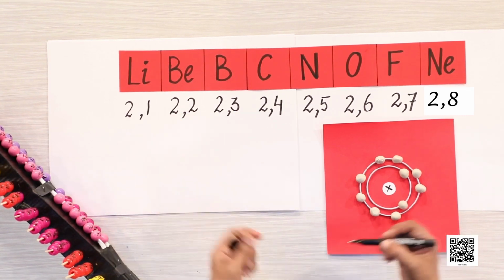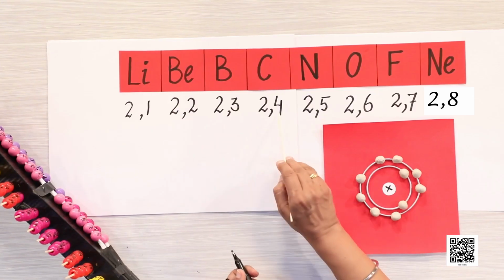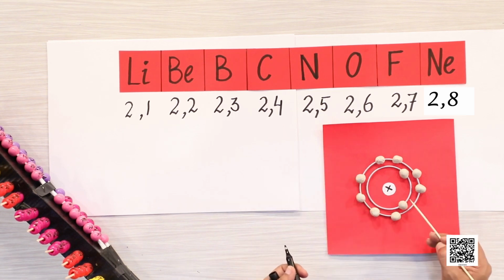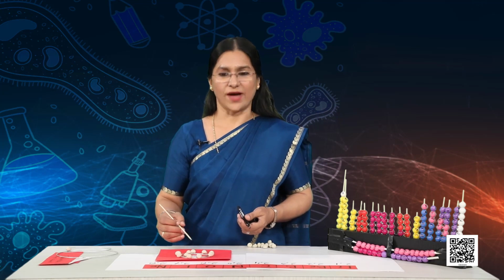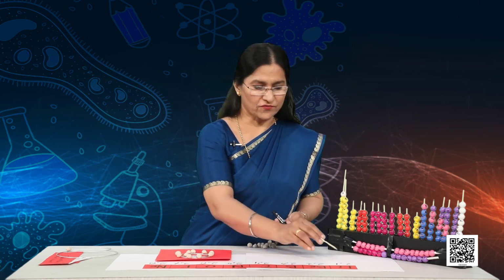See, the valence electrons are increasing from 1, 2, 3, 4, 5 and so on, but they contain the same number of shells. You also observe that the number of valence shell electrons is increasing by 1 unit as the atomic number increases by 1 unit on moving from left to right in a period.